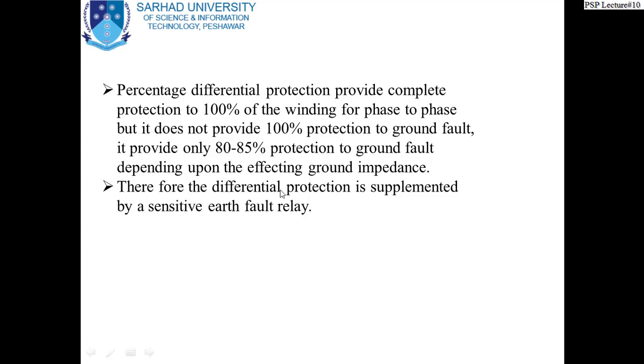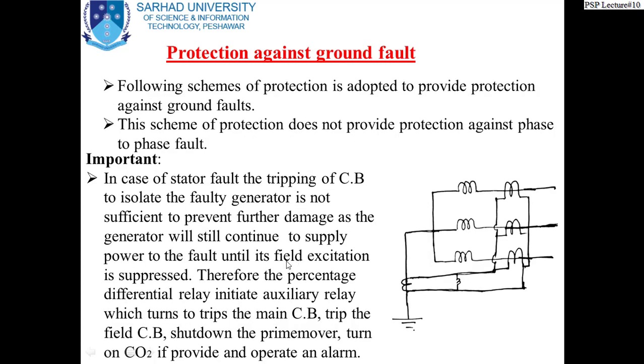Therefore, the differential protection is supplemented by a sensitive earth fault relay, which you have seen previously. The figure for that arrangement is that. So this is sensitive and acts even when a minor ground fault occurs. It is provided to strengthen the whole protection system of the generator, right?